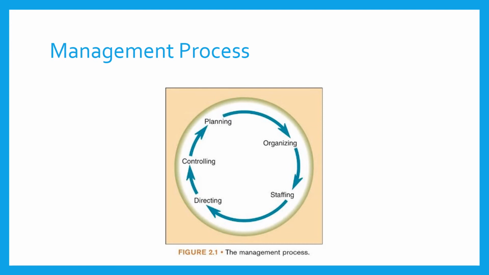Okay, so the management process is cyclical because once they have completed all of those steps, then they go back to start planning about the next thing, etc., right? Because management is an ongoing process for a unit.